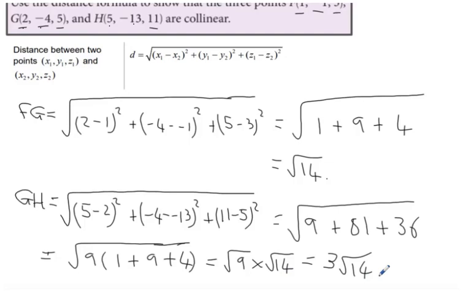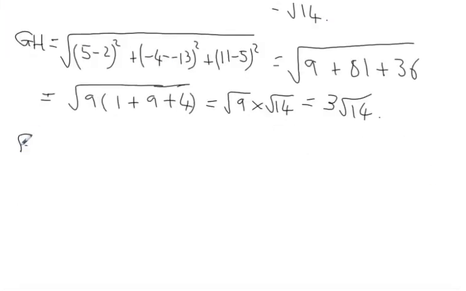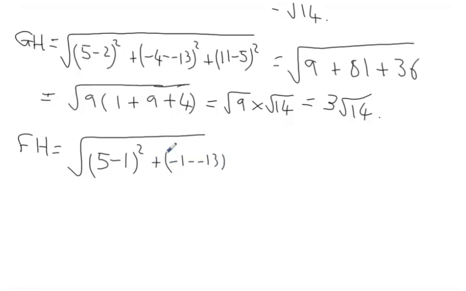So F is at 1, minus 1, 3, and H is at 5, minus 13, 11. FH equals the square root of, so looking at the x's, you've got 5 minus 1 squared, plus, looking at the y's, you have a minus 13 and a minus 1, so we can call that minus 1 minus minus 13 squared, and then we add to that.